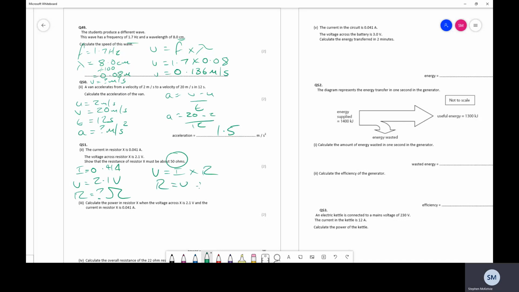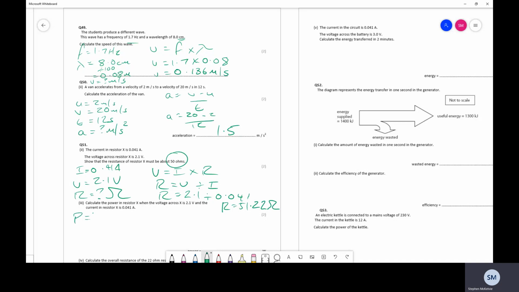R is equal to V divided by I. R is equal to 2.1 divided by 0.041, giving me an answer of 51.219. Resistance is equal to 51.219. I'm going to do 22 ohms because we want it to be about 50 ohms, and that's about 50 ohms.